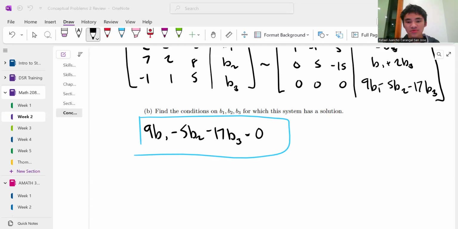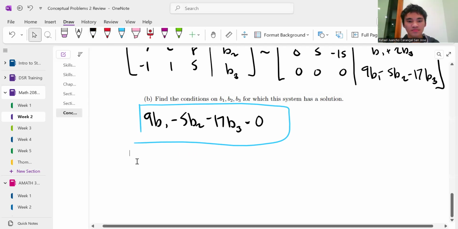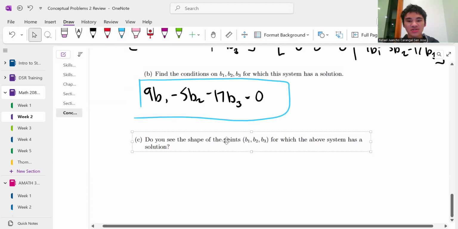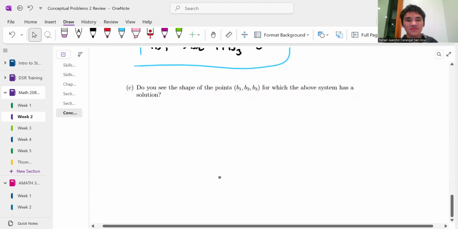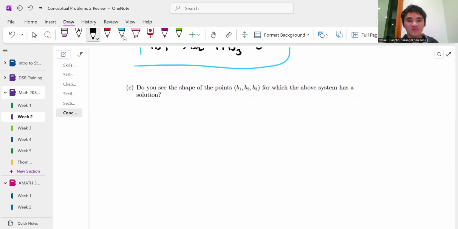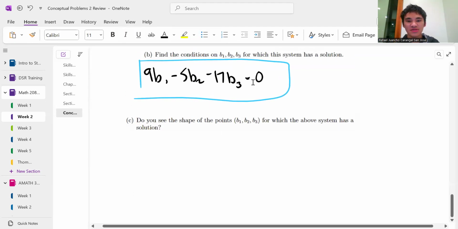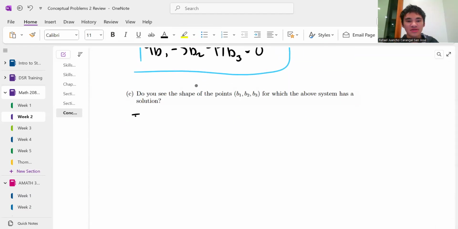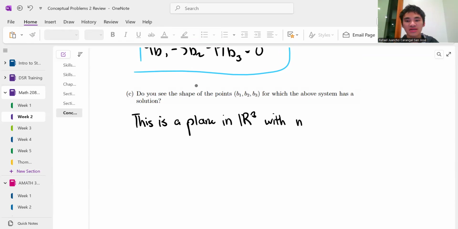Okay, what else can we do? Okay, these are some short questions here. Let's keep going. Do we see any shape? So what's the figure that it's going to look like for the points here? Well, this is a plane, right? In R3, and it also has a normal vector.